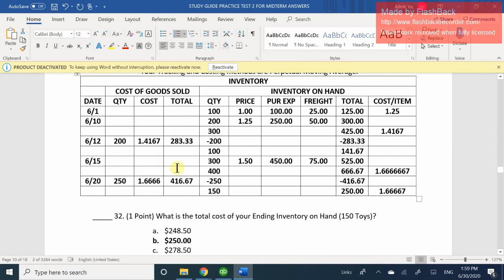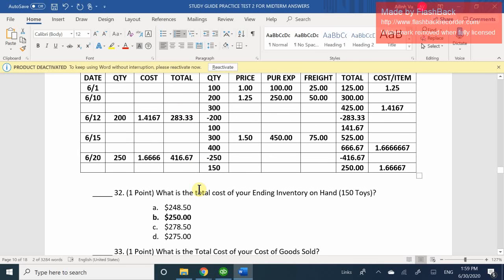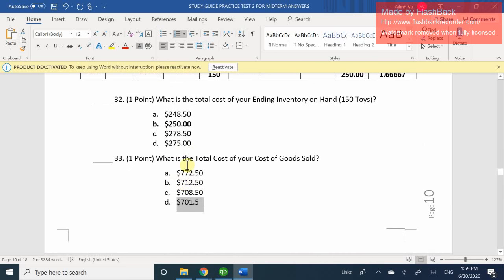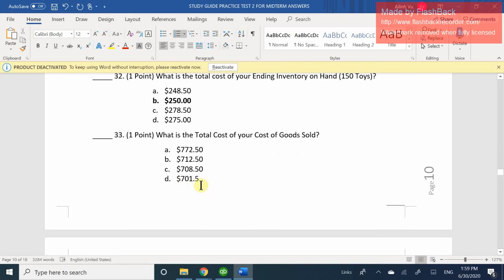Let me see. So this is yes. It's supposed to be 700. You're right. Wait, no. 700. Yes, 700, but 701.50 is correct. It's the closest number you can get. So yes, this is due to rounding, because I rounded early.